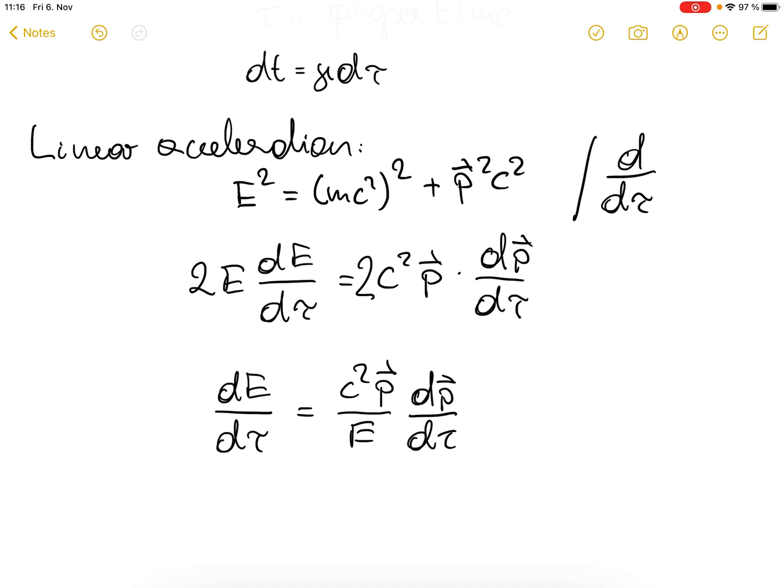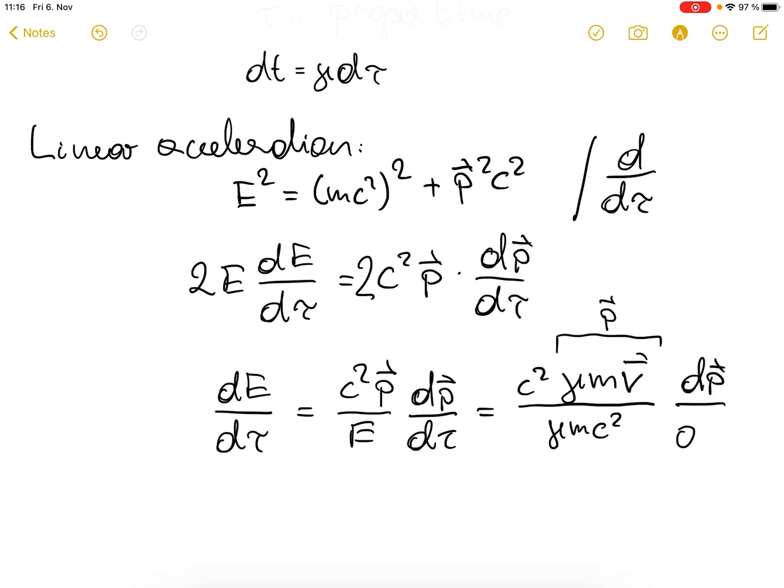And now we write the momentum and the energy in terms of the relativistic gamma factors. The momentum p is just gamma m v, divided by the energy, which is just gamma m c squared, and then we have dp with respect to d tau.